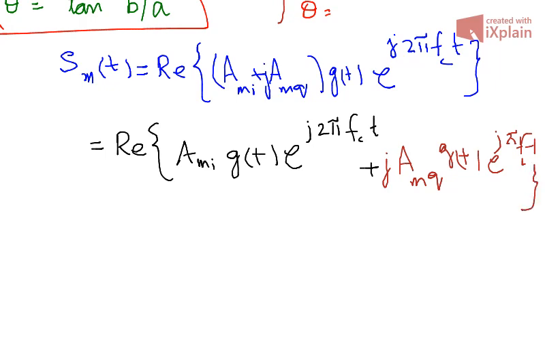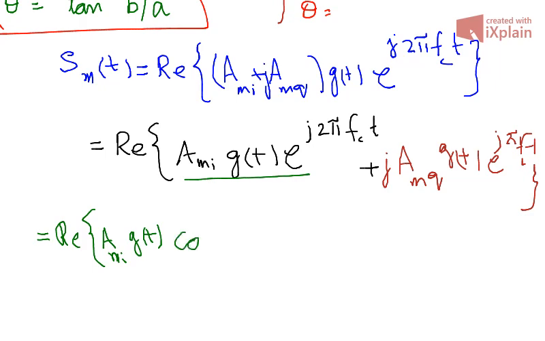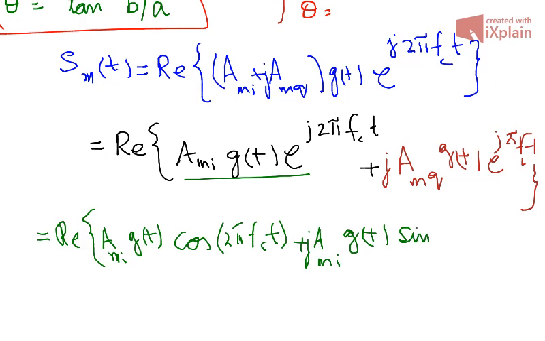Now if I use the same Euler identity, we will have the real part of A_mi g of t, cos 2 pi f c t, plus j A_mi g of t sine of 2 pi f c t, right? Now let's solve this part.